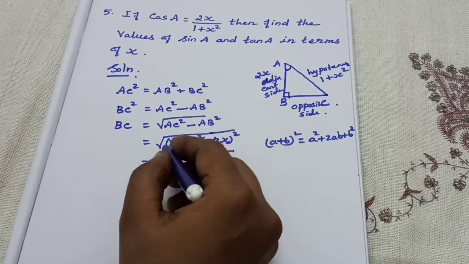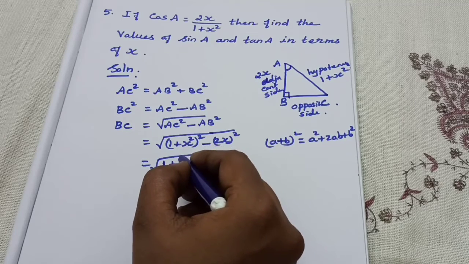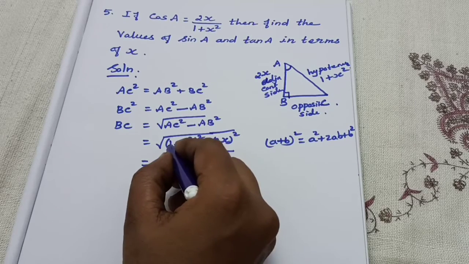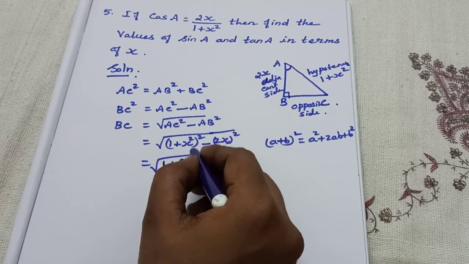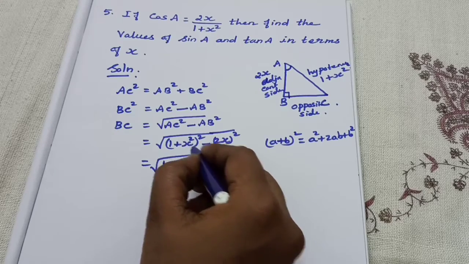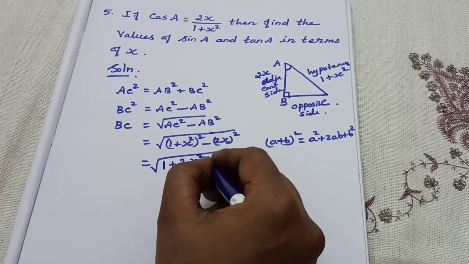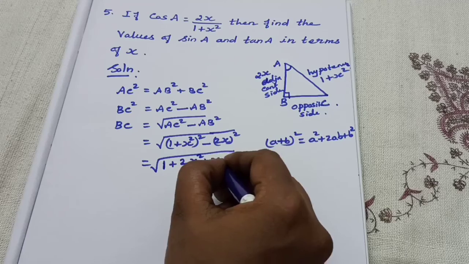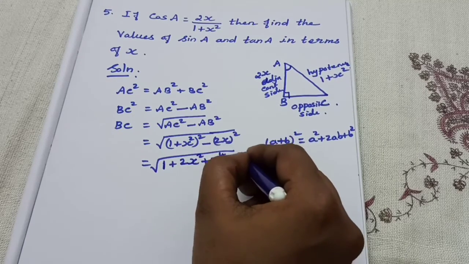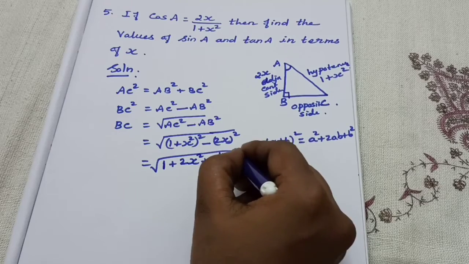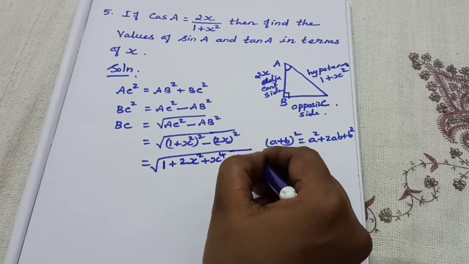Then this is 1 square plus 2 into 1 into x square, that is 2 x square, plus x square the whole square, that means x power 4, minus 2 square into x square, that is 4 x square.